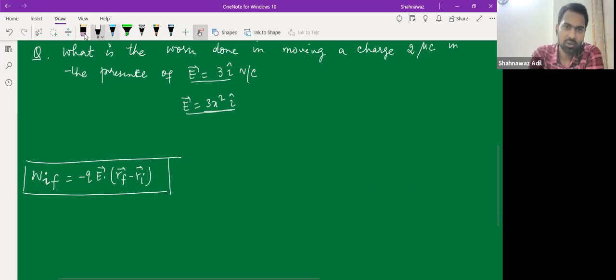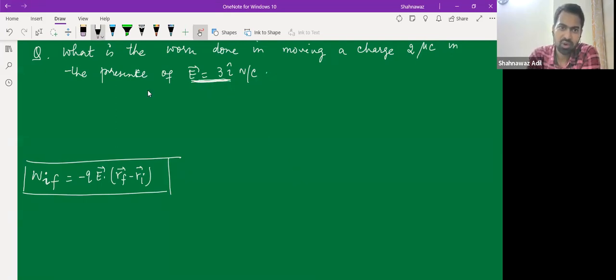Okay. So now, this is my electric field. Is this uniform or is this varying? Uniform, right?